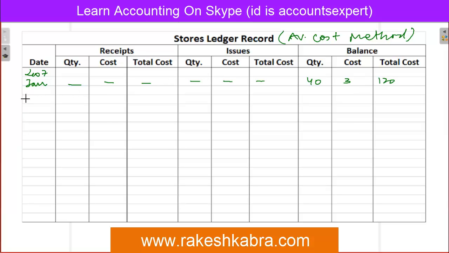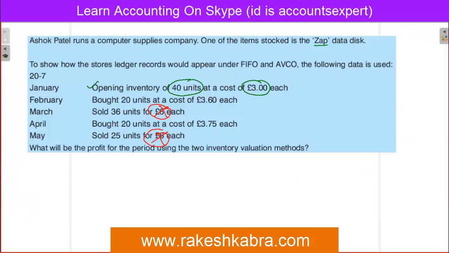Now in the month of February, see what we did. In the month of February we brought some units. We brought 20 units, and the rate is 3.6, isn't it?